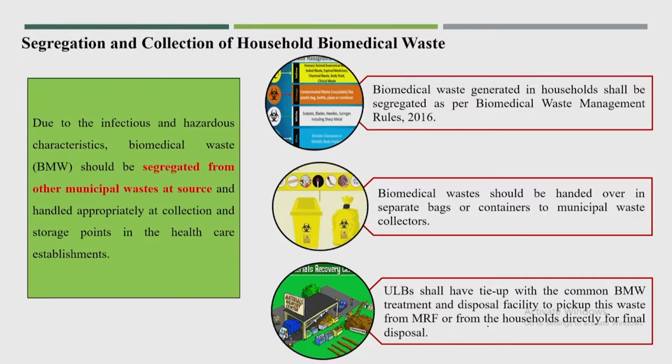Normally yellow bins are proposed for each house to store the household hazardous waste, and ULBs, that is the local authority, shall have a tie-up with the common biomedical waste treatment facility to pick up this kind of waste from the MRF centers or the households directly for final disposal.